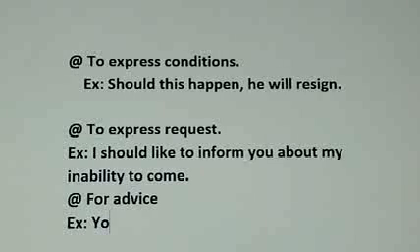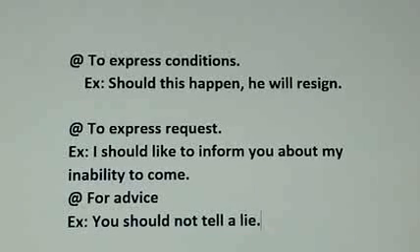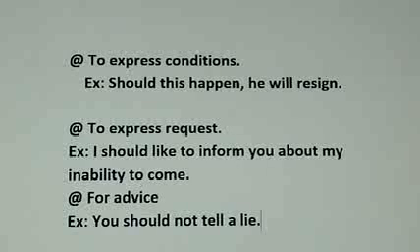You should not tell a lie, right? So, my dear children, these examples are very suitable for the statements that I have given to you regarding should.